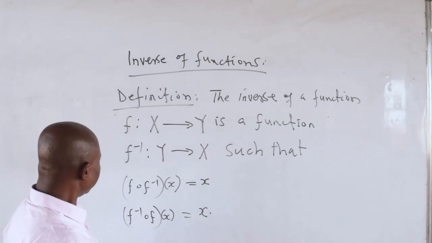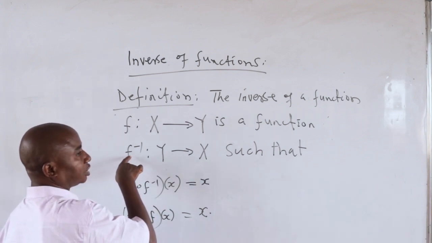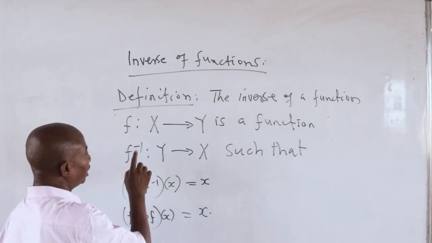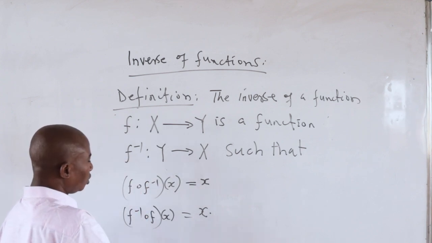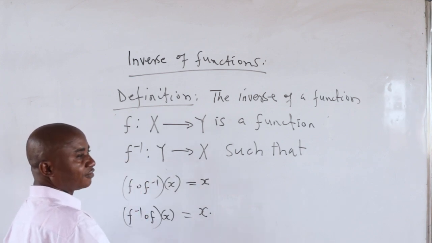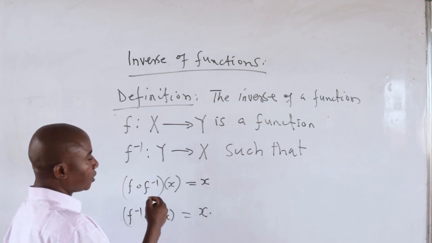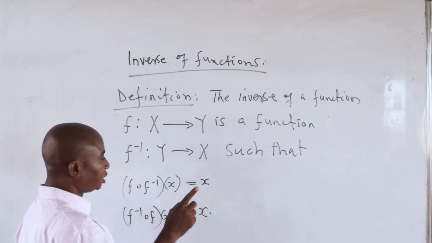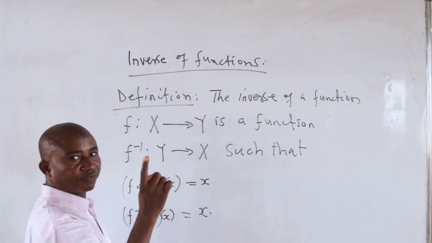It is possible that we can get what we call the left inverse of the function. We can also get what we call the right inverse of the function. Both of them may exist, but they are not equal. In that case, that function f has no inverse.